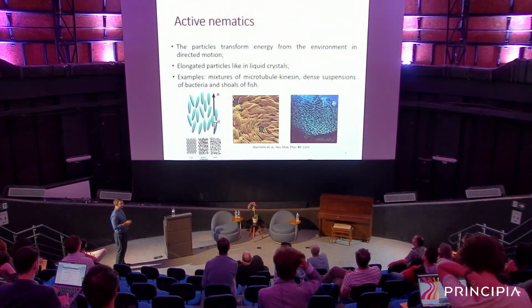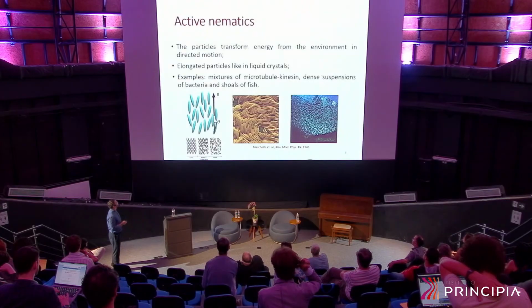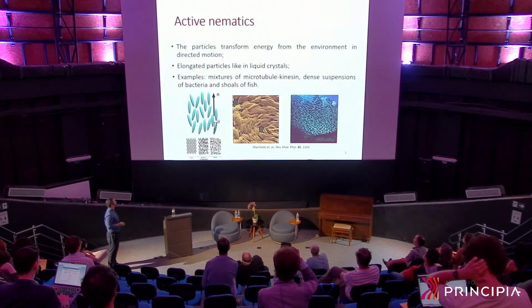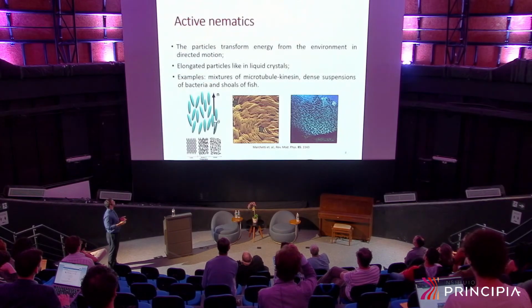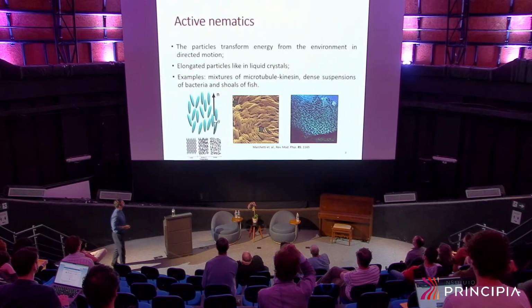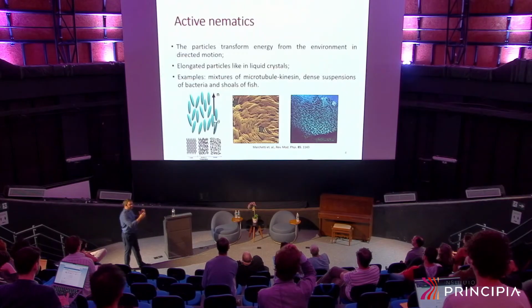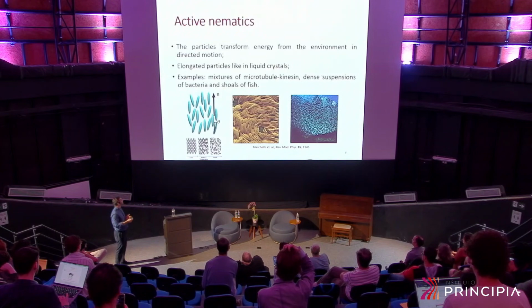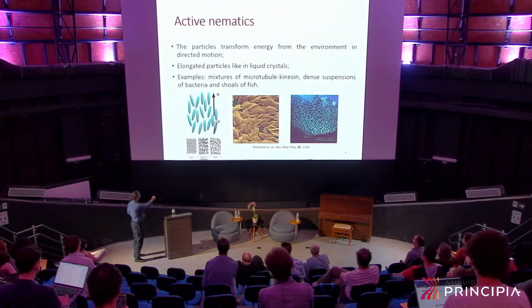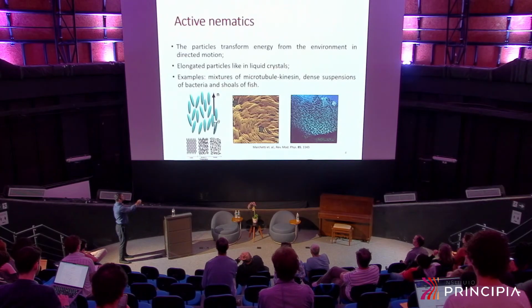Active nematics are formed by dense populations of those elongated particles, like in colonies of bacteria. As you can see here, most of the particles in one specific region are aligned with each other, which resembles what happens in passive liquid crystals, in the nematic phase. Liquid crystals can be in the solid state, with ordered and rigid positions of the particles.